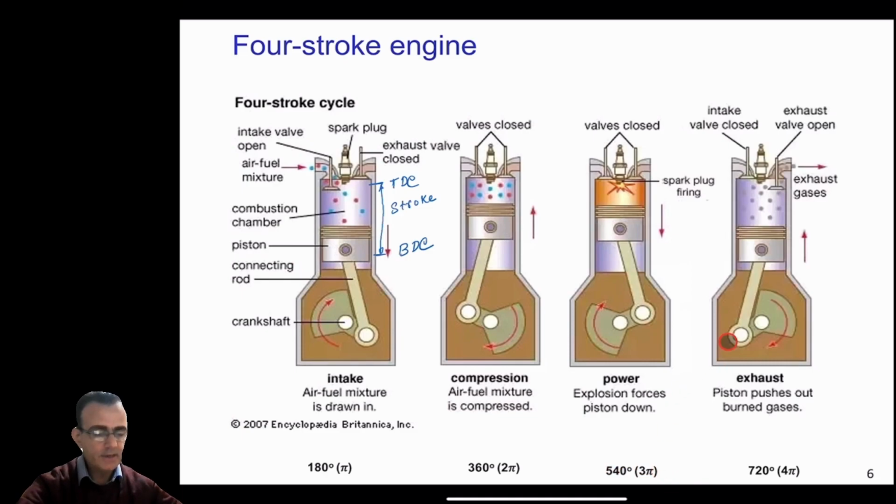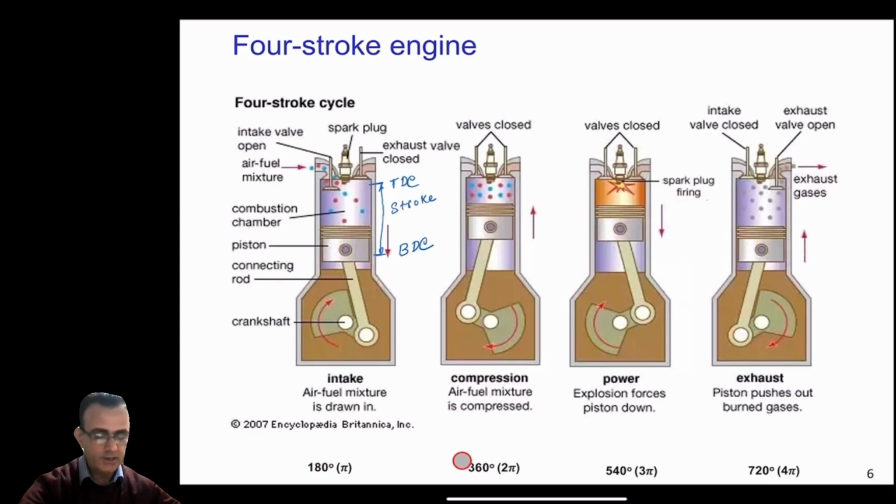And then finally, the piston will move from the bottom dead center to the top dead center, and this is what we call the exhaust stroke. During this stroke, you will open the exhaust valve, and the piston is moving in the upward direction, so it will remove the exhaust gases from the combustion chamber. Again, the crankshaft will move through 180 degrees, so the total degrees will become 720.